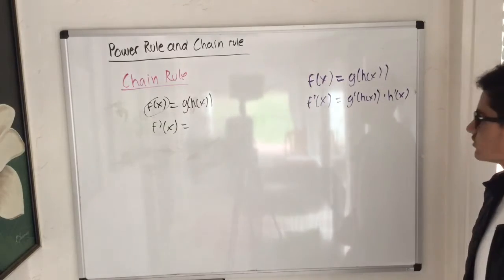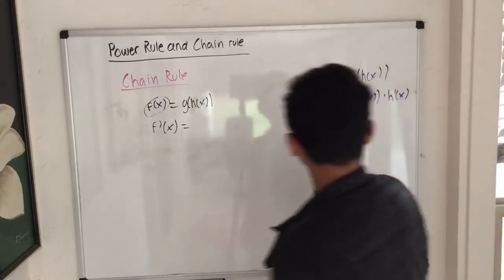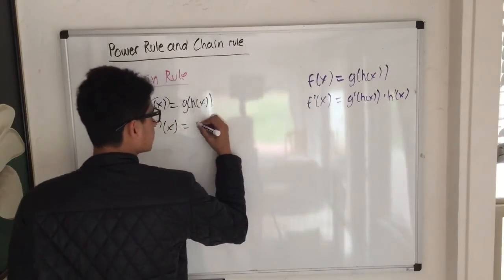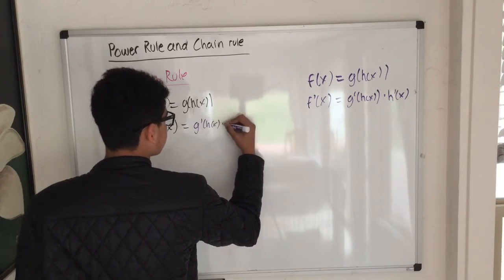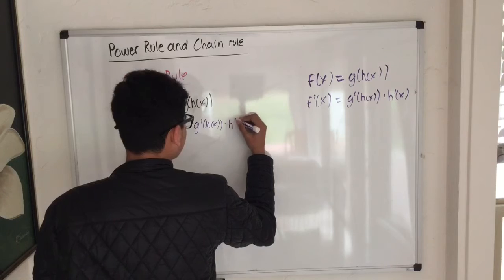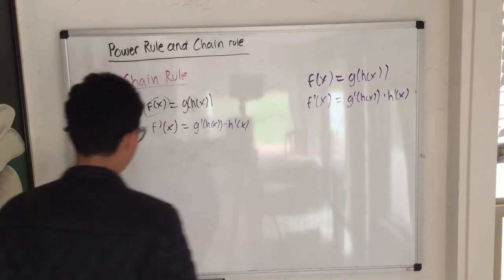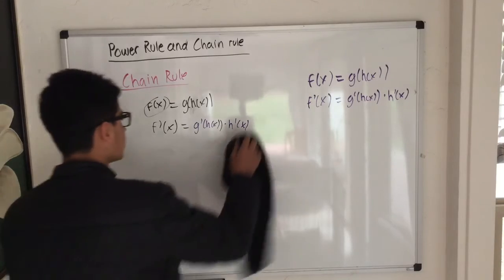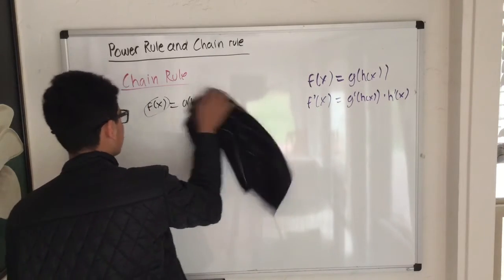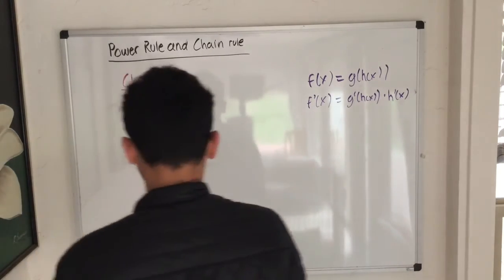Even this equation looks pretty simple, but we just got the answer for this problem, g prime of h of x times h prime of x. I'll keep that up for reference here, and we're going to go over a quick little problem.